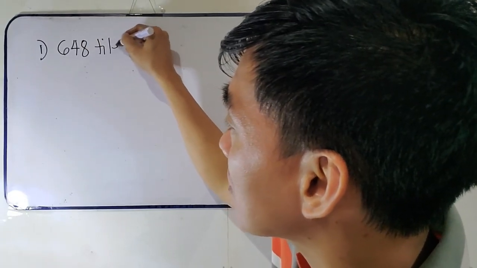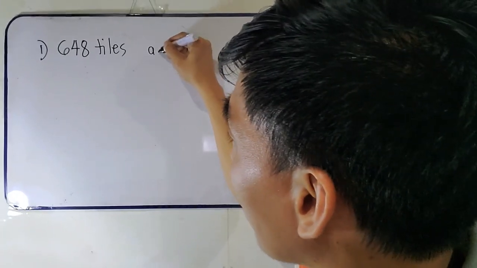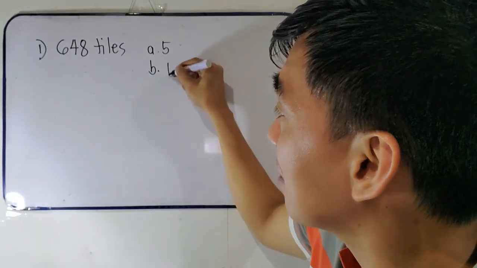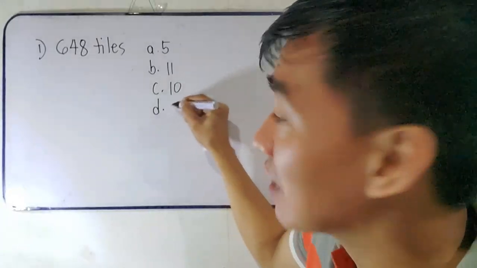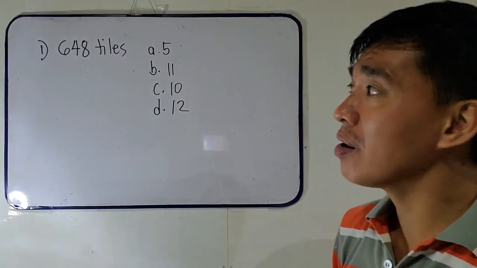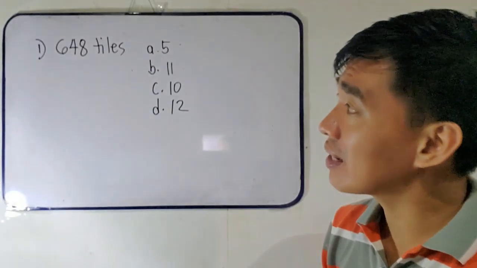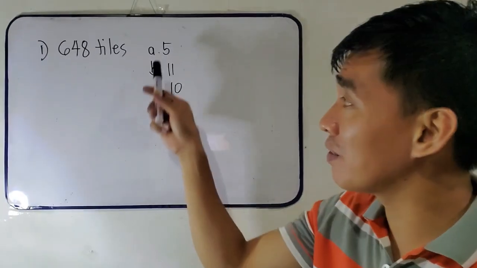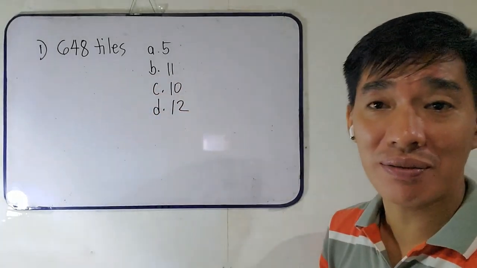And of course, the choices are letter A, 5, letter B, 11, letter C, 10, and letter D, 12. Among all of these numbers, which do you think is 648 divisible by? Is it by 5, by 11, by 10, or by 12?